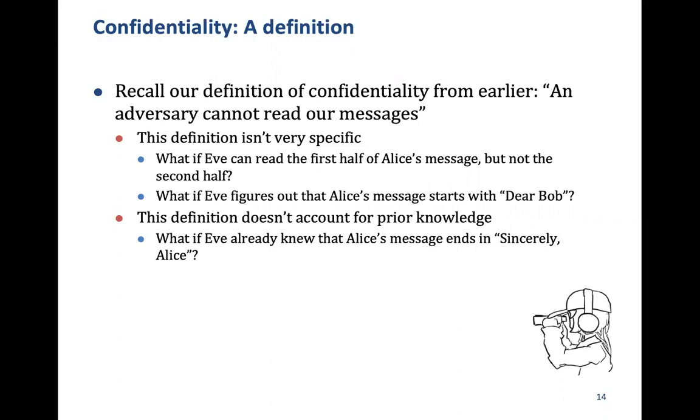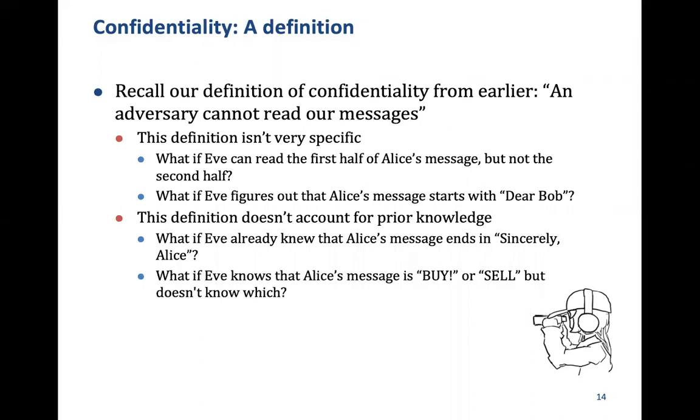Because Eve knows that Alice always writes at the end, sincerely Alice. Or prior knowledge could also be that she always starts with dear Bob. So there's a possibility of all this, right?